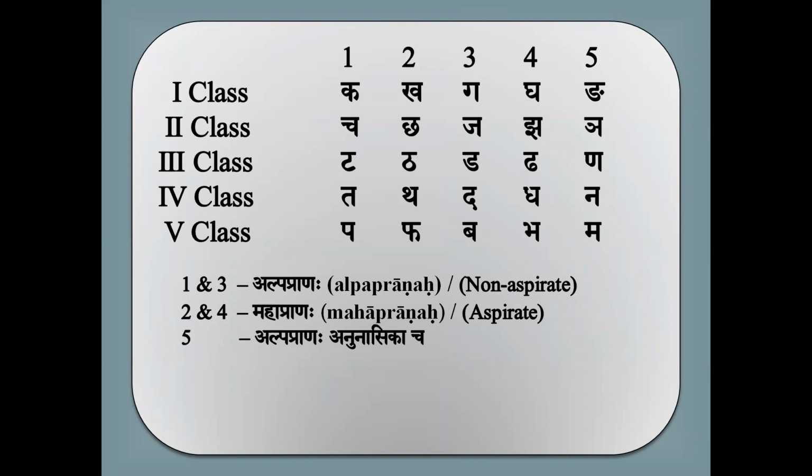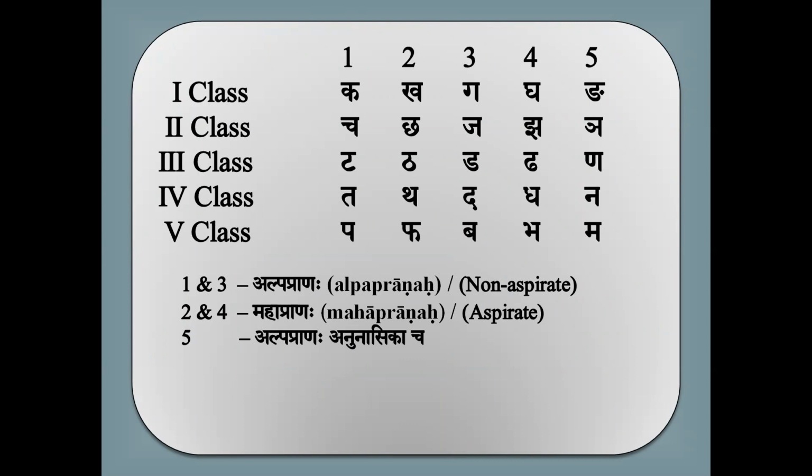So what is Alpa Prana and Maha Prana? That question what I asked, you can see here, the first letter and the third letter and the fifth letter. These are Alpa Prana. Alpa Prana means less amount of air is breathed out. You say ka, cha, ta, ta, pa. Less amount of air is breathed out.